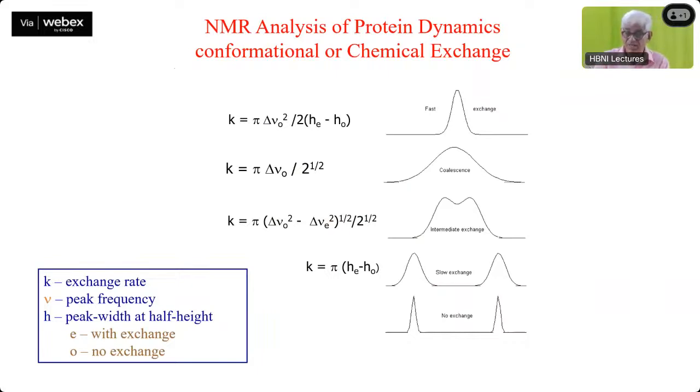Anything beyond that, you will have a fast exchange. Below that is intermediate exchange. It results in substantial line broadening and overlap of the peaks. So this is the no exchange, slow exchange, intermediate exchange, coalescence, and fast exchange. You can measure these at various conditions to determine your parameters.